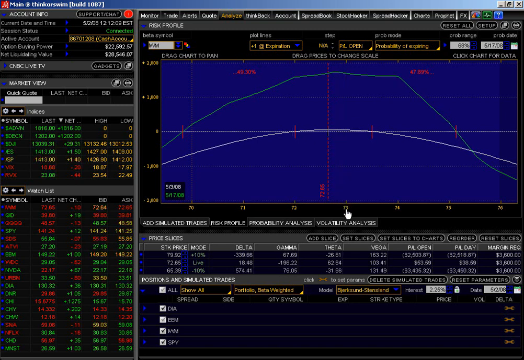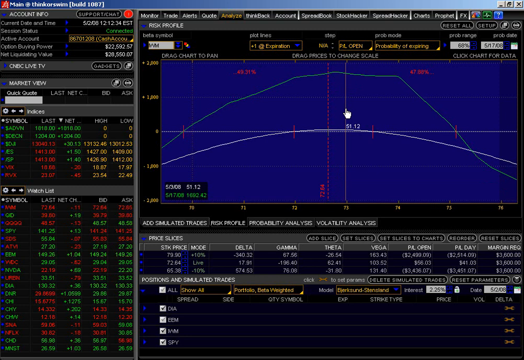But let's say $5,000 is a lot of money to you. Well, if you have $4,000 of your money tied up in margin, and they're all centered around the 73 strike price, whether you've sold them as calendars, or you've put on different types of spreads, or a sale of a vertical spread, you have all of your risk concentrated around the 73 strike price.